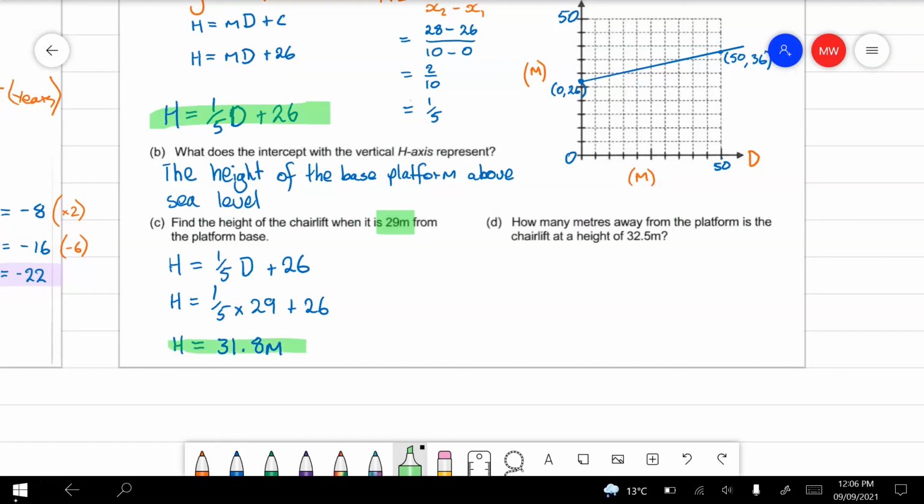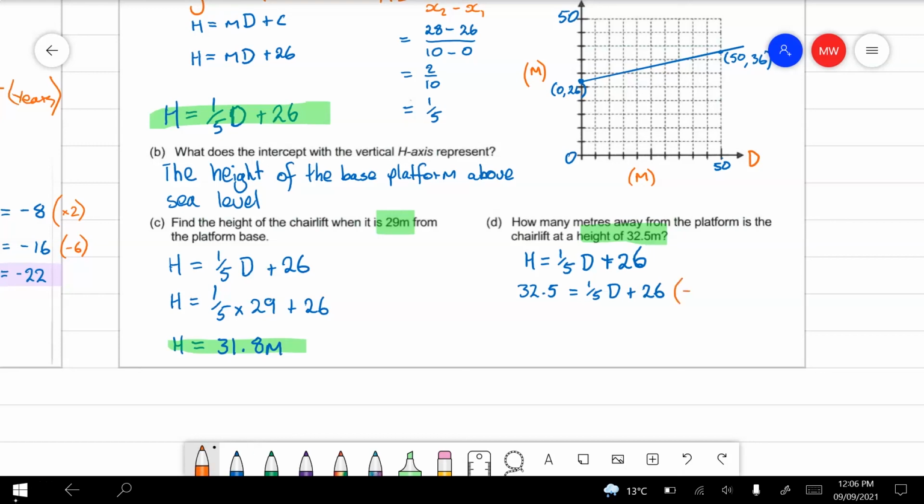And in the second one, you're using your formula again. So you've got that the height is a fifth of the distance traveled plus the 26 meters that it started at. But this time, you've got the height and you're looking for the distance. So this one will be 32.5 equals a fifth of the distance plus 26. And this time we'll need to use a bit of balance method.